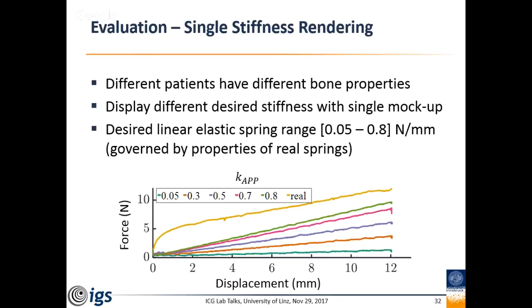The bottom lines are the augmented forces, which are relatively nicely linear here. The yellow one is the real feedback you get without the augmentation, when you just press without the twisted string. What you can see here is that we can nicely generate these different target apparent stiffnesses when you press it.